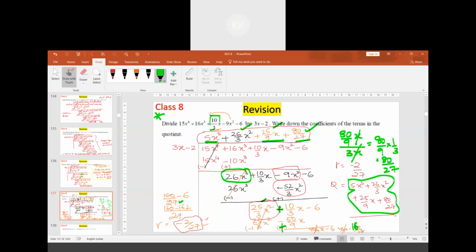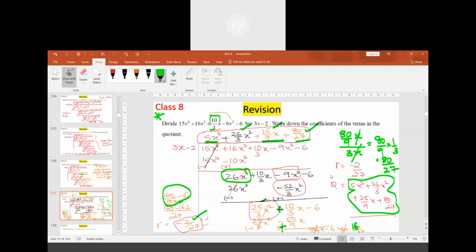It should be one below the other. So I have written it here 160 by 27 minus 6. This is the final calculation. When we do that, we get minus 2 by 27 as a remainder. Here the space was not sufficient, so I have written it like that.